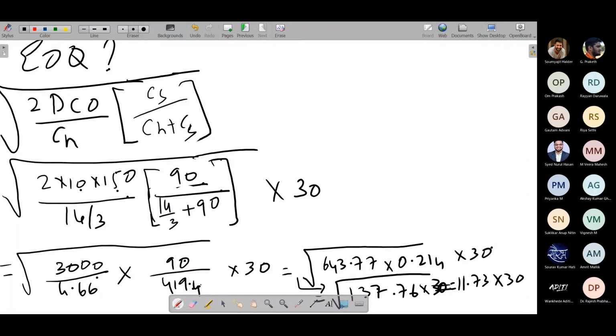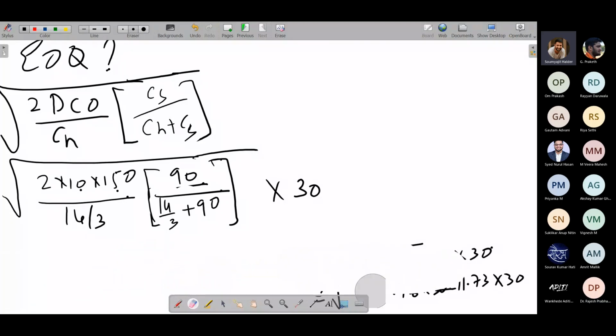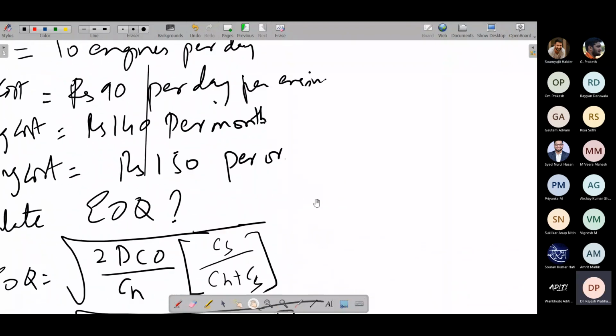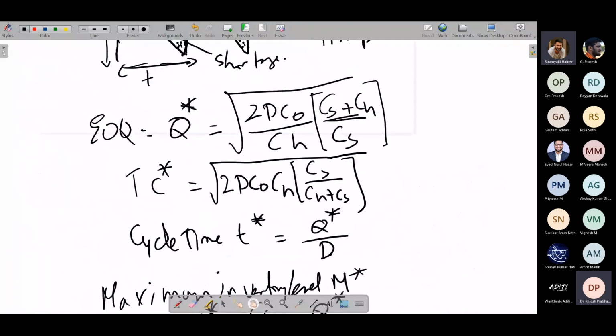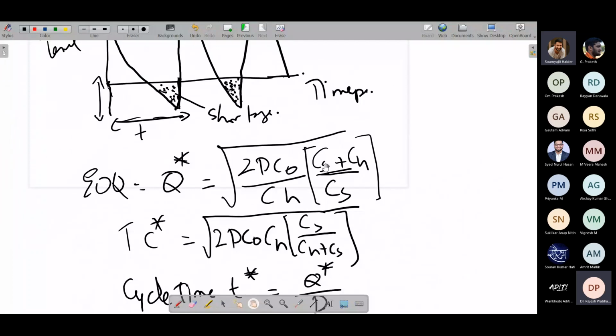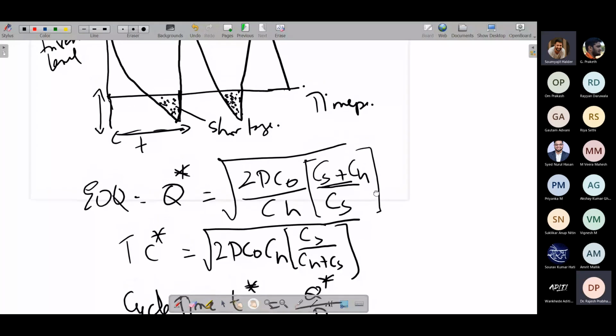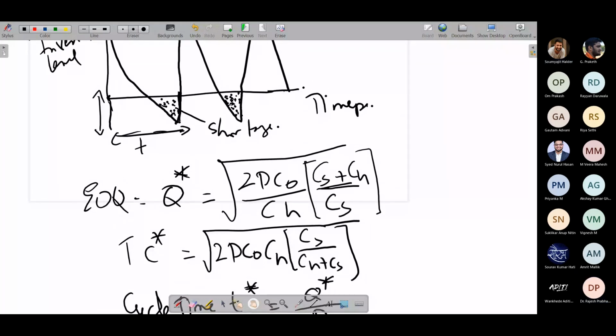Sir, the formula which you have given is CH plus CS by CS.